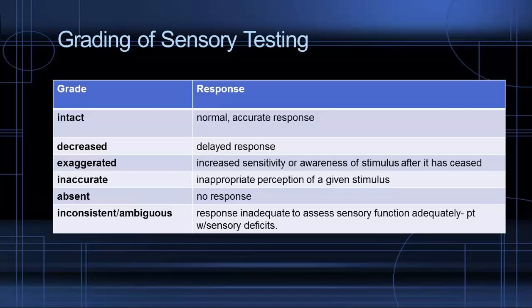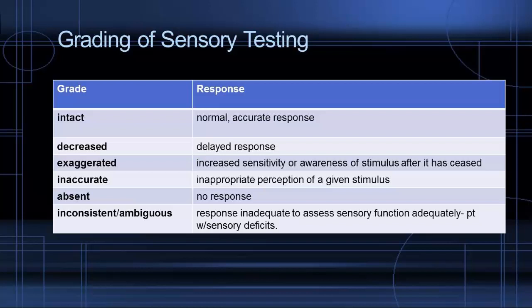A decreased response is there is a response, but maybe it's delayed. Exaggerated means hypersensitive, increased sensitivity, or even after the stimulus has ceased, they'll still have sensation associated with it. Inaccurate means they just have an inappropriate perception of it. You're doing maybe a sharp point and it feels like a dull point to them, or some other inaccurate perception.